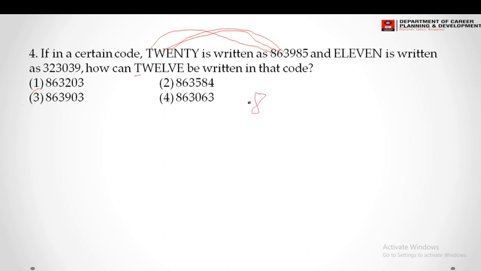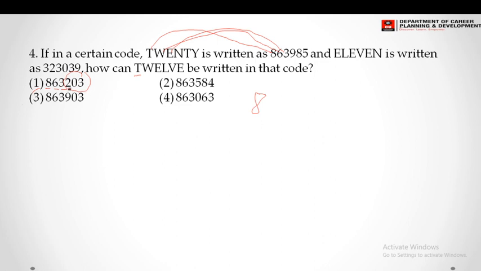The first one is 8. Or you can eliminate, for example, in these four options all start with 8, so you don't have to find out T. There is no need to find this. Then 6 and 3 are common, so you have to find out the last 3, because only the last 3 in all four options are different.